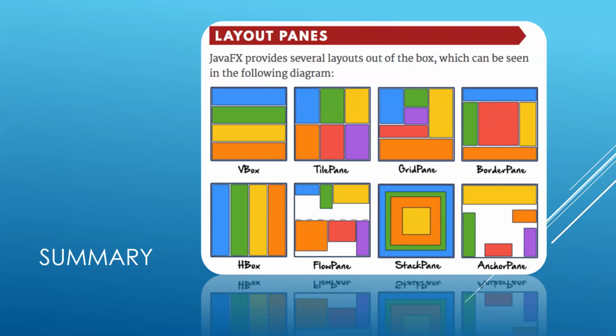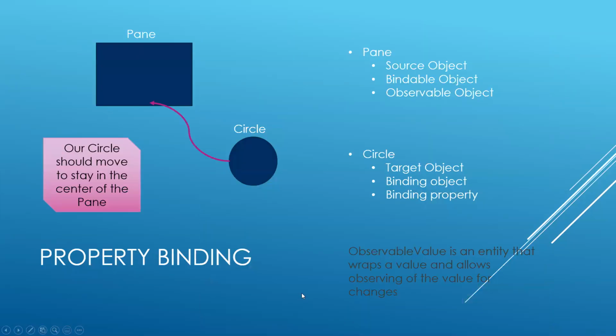So if we add 5 buttons to a StackPane, if we don't specify any other parameters, we could end up with them just stacked up on top of each other. An anchor pane allows me to specify an anchor position for my nodes. So we can do just about anything that we want with our design tools that we have available in JavaFX.